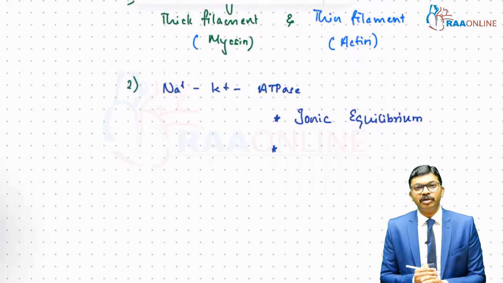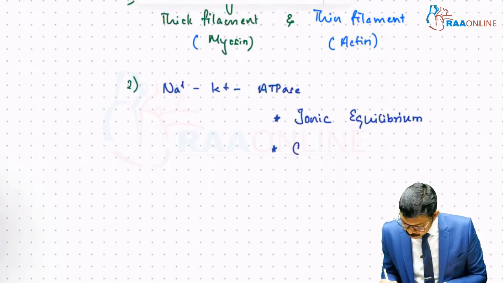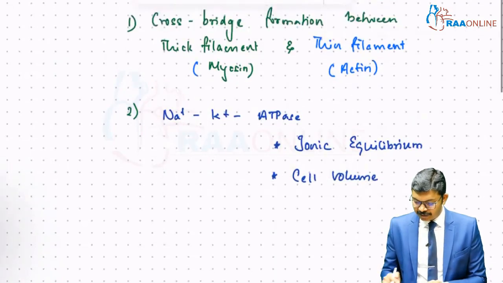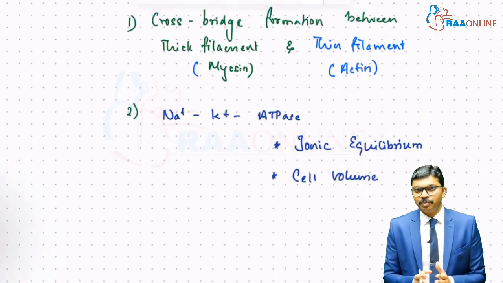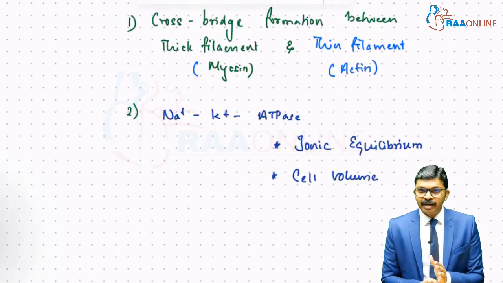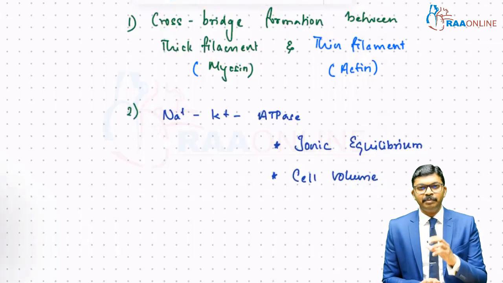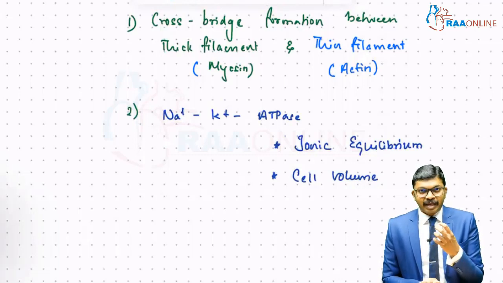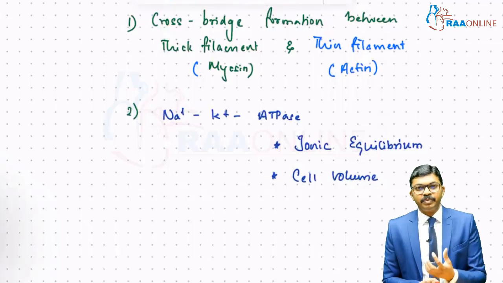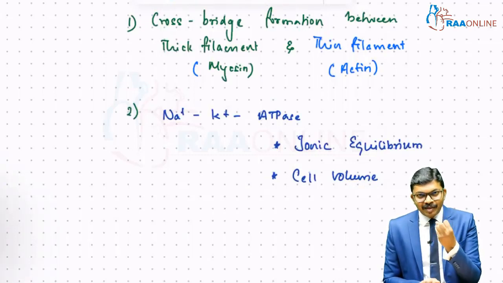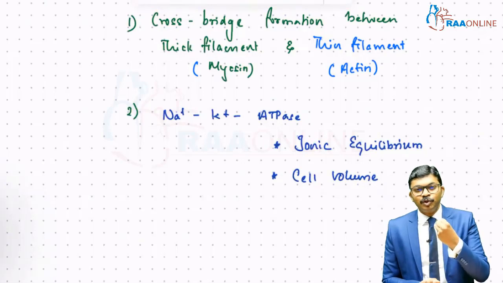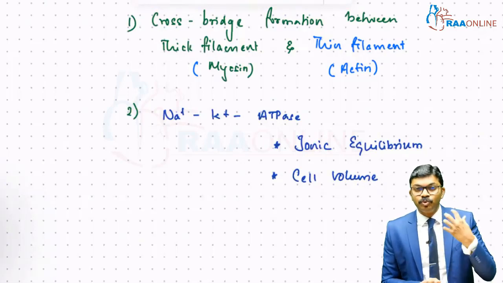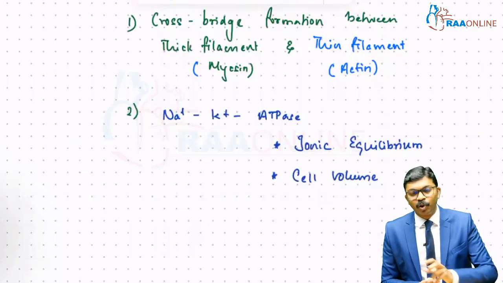And the second important function of sodium potassium ATPase is to maintain cell volume. And again, you know the basics. We discussed this in osmosis as well. Every time a charged molecule, a charged atom, be it a cation or anion, it doesn't matter, is kept in a water medium, this charged atom is going to attract water, and this is going to make the size of the atom so huge that it is going to be imbibed with water.